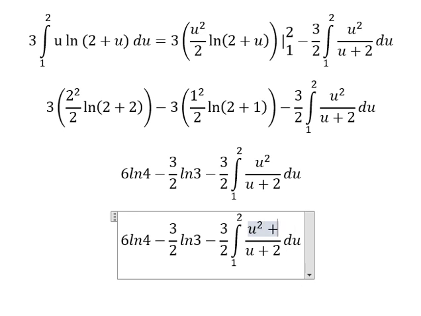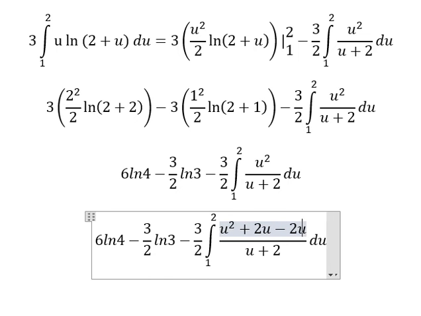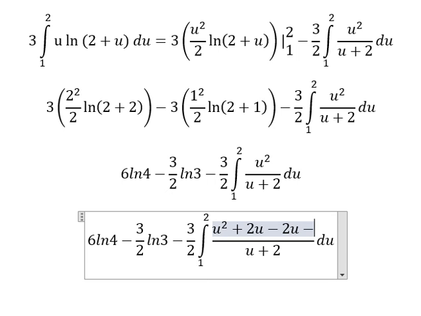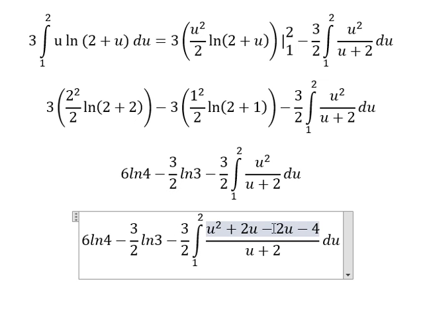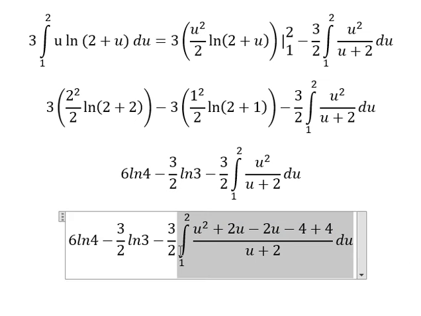This one we can put 2u because I want to create the factor u plus 2. Later we need to minus 2u. Next, I will put negative 2. Later, we need negative 4. Because negative 2u, negative 4, we can do factorization, and you got u plus 2. Later, we need to add back positive 4.